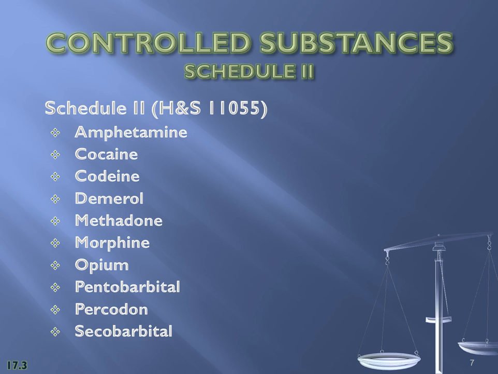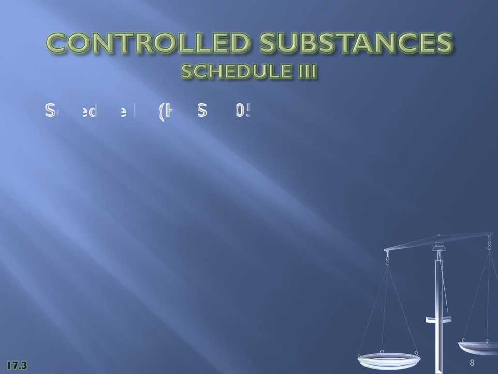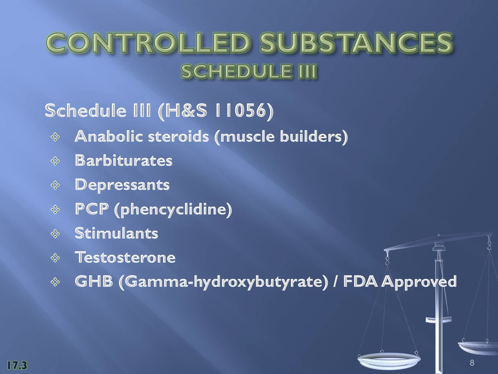And again, you can follow along in your book because it has those schedules spelled out. Schedule 3, 11056, has things like anabolic steroids, barbiturates, depressants, PCP, or what is known as phencyclidine, stimulants, testosterone and GHB, so FDA approved.